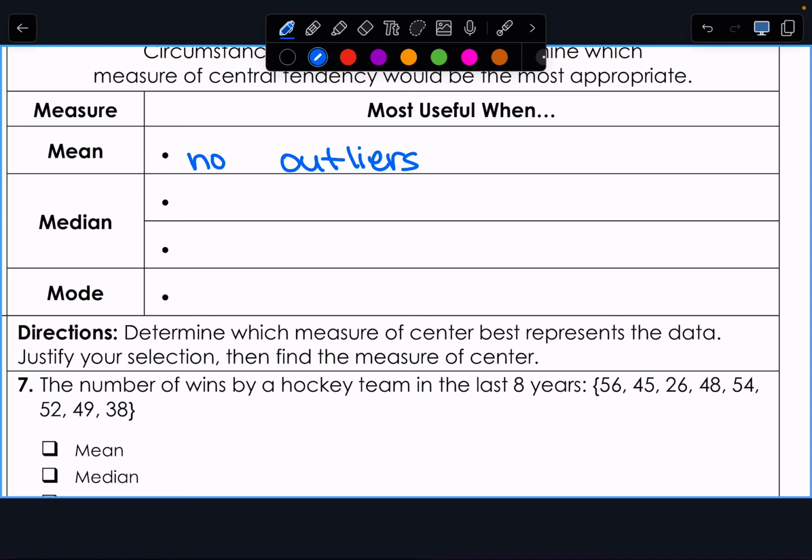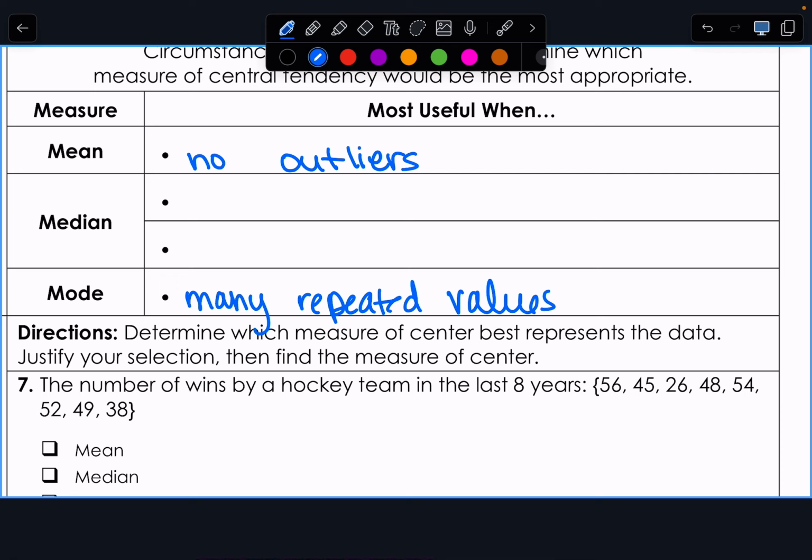When is the mode going to be best? I wouldn't necessarily narrow it down to just one repeating, but if we have a lot of values that are repeating, then we're going to want the mode to describe our data the best.